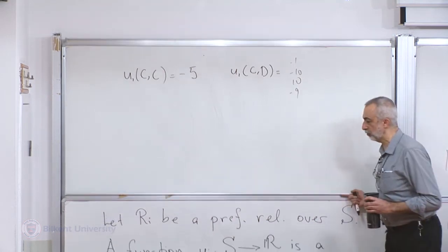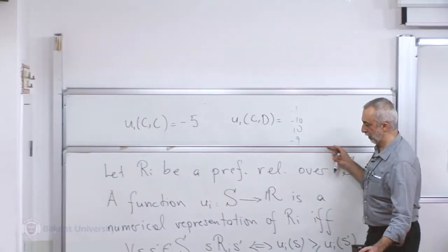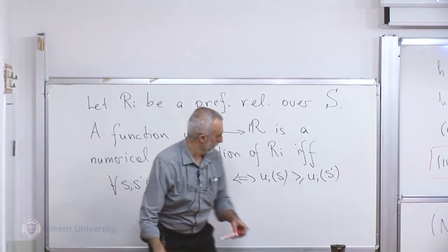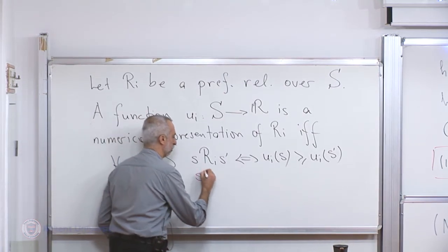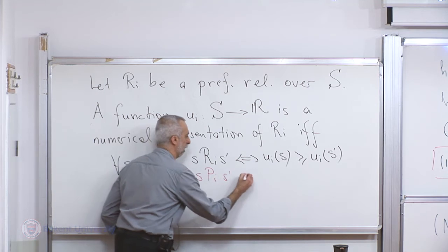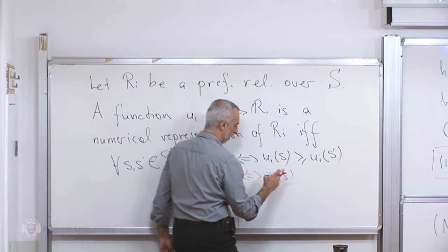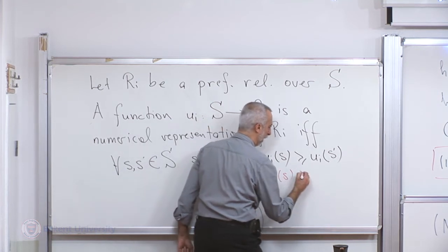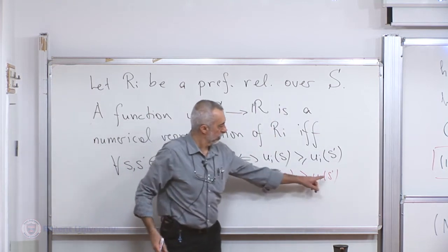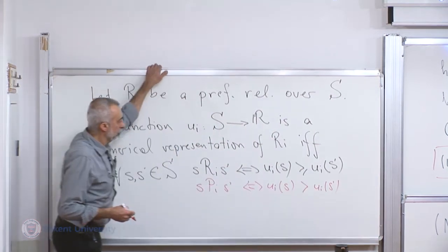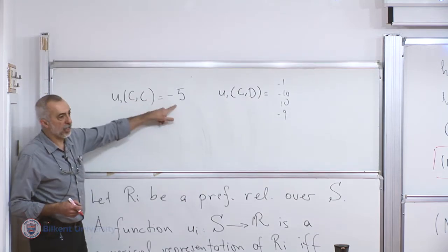It's going to be a numeric representation of this preference relation. So the key is, by the way, this definition implies that S is preferred by agent i to S prime if and only if the number assigned to S under Ui is greater than the number assigned to S prime by Ui. So we started with CC, we assigned minus 5.